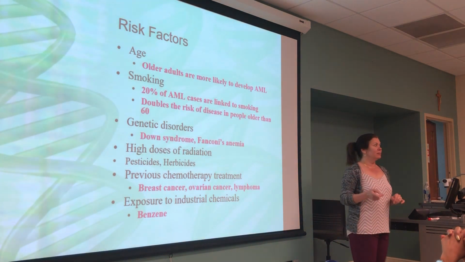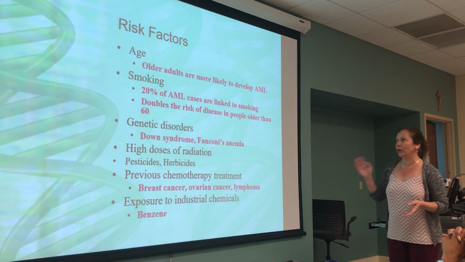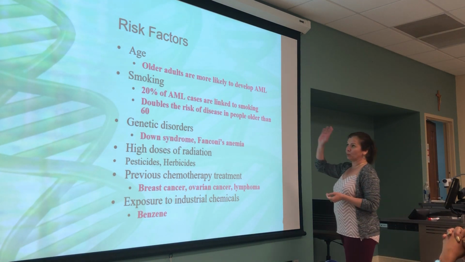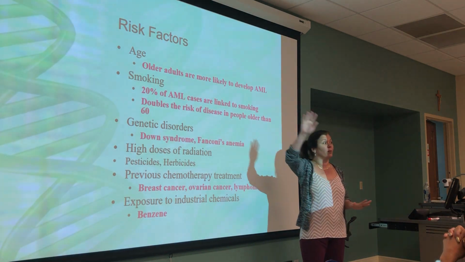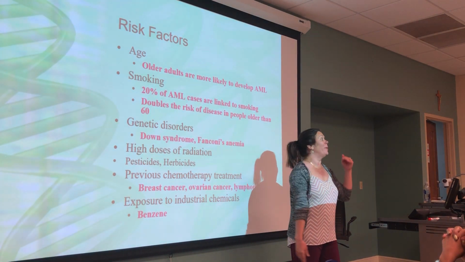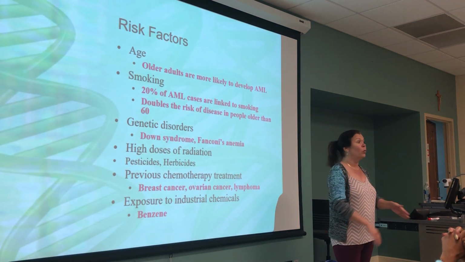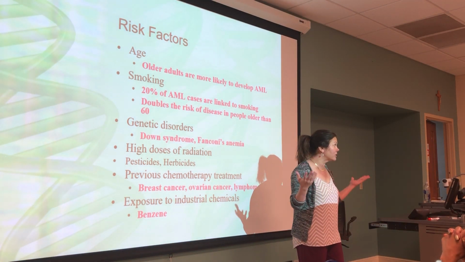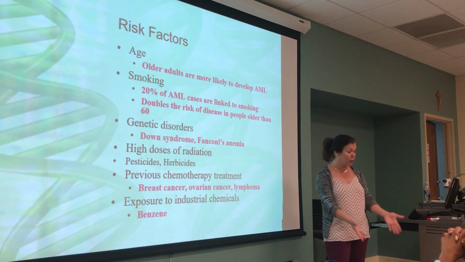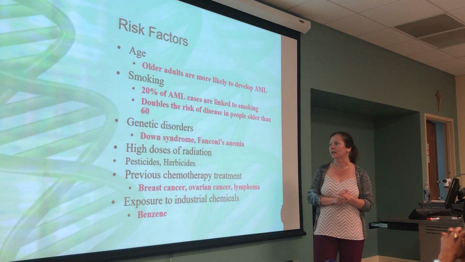As I said, risk factors, we already went through the ethnicities, and it's present in middle age. Smoking can induce it. Chemotherapy for another cancer can induce it. Benzene can induce it. Working close to industries and having toxic fumes around, or in the water, can induce it.